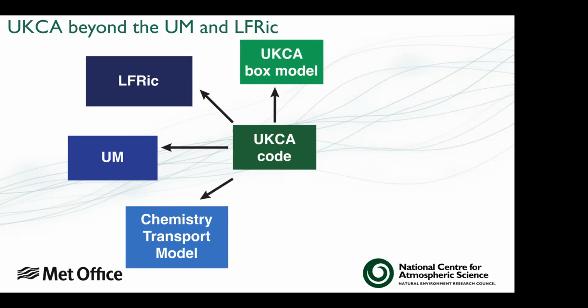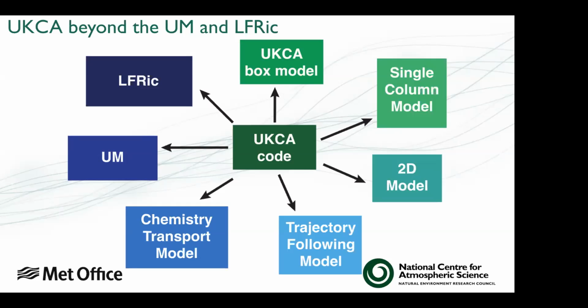And by extension, there's lots of other types of models we could couple into as well. So a single column model, or 2D model, or trajectory following model, all of these have different applications and use cases. They're different ease of use. We might be looking at something where a single column model is more appropriate, so exoplanets or something like that.